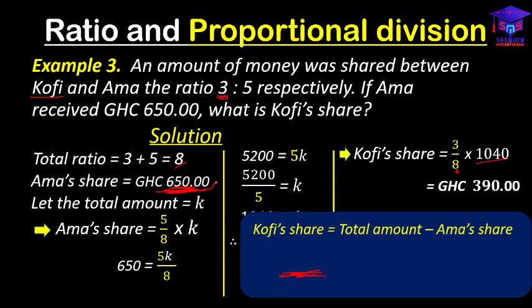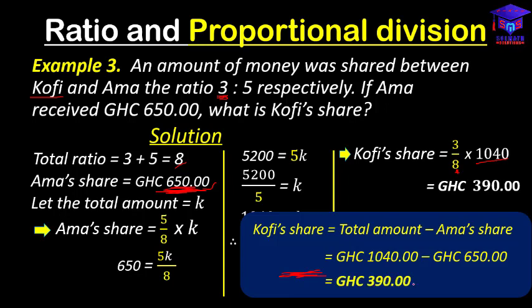Now what is the total amount? The total amount is 1,040 minus Ama's share 650. When you subtract, you'll be getting 390 Ghana cedis, which is actually the same as what we had over there. Alright, so if you have any comments or any questions, you can leave it in the comment section below.